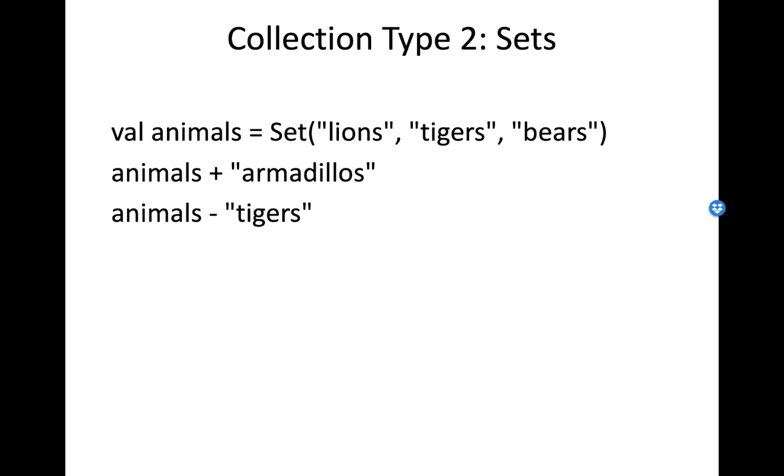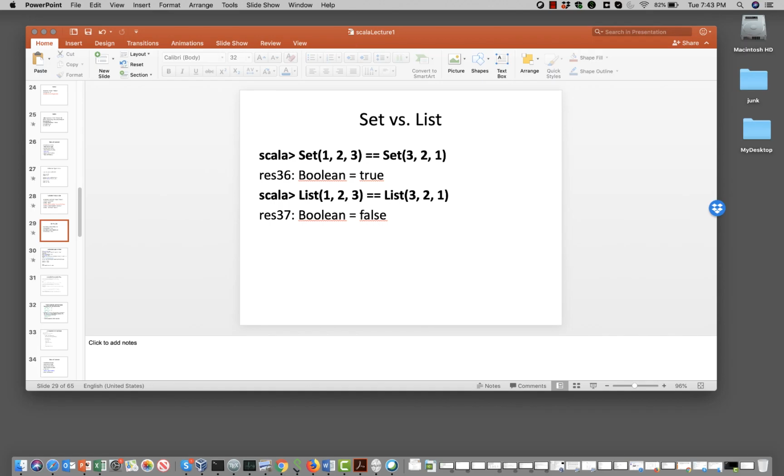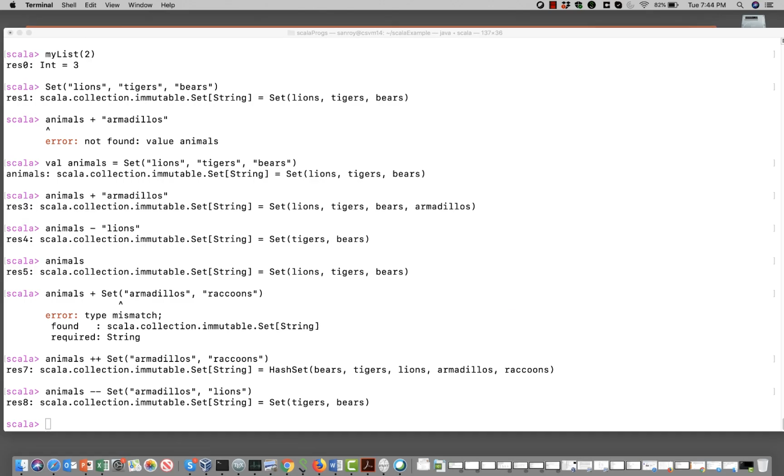So we are done with collection type 2, set. Now, as I said before, set is an unordered data structure, so the left hand side should be equal to the right hand side, right? Let's test this. Let me go there again and type Set(1, 2, 3) equals Set(2, 3, 1).